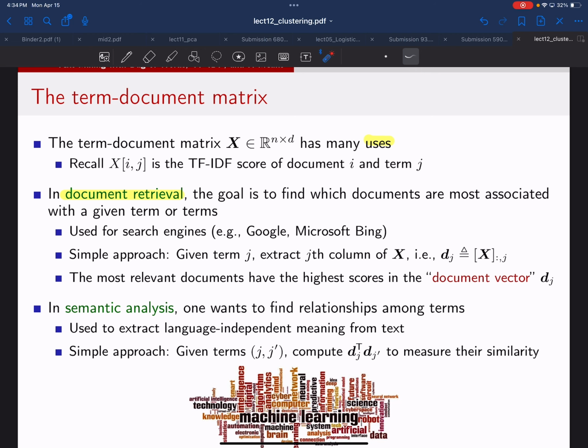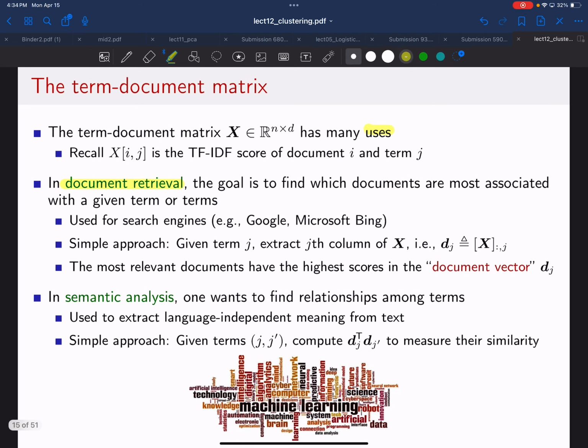Something else you could do is called semantic analysis, if you want to find the relationships among different terms. Essentially you're saying, I have a whole bunch of documents. How often do technology and machine learning appear together? Are they related terms or not?